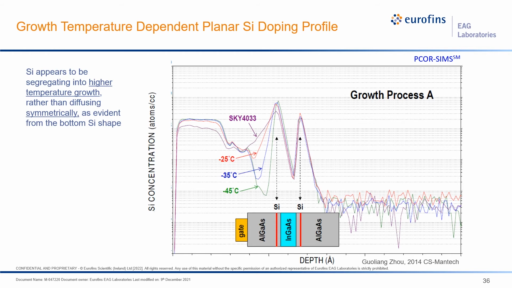So what we can conclude from the study is that because of this asymmetry, the silicon appears to be segregating into the upper layer when the temperature is higher. So you would want to use a lower temperature to keep the silicon intact and not spill over to the Schottky region. So with SIMS, you can have a clear understanding of how to grow these structures.